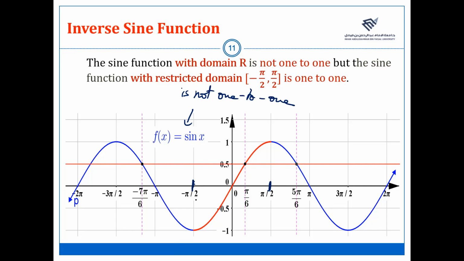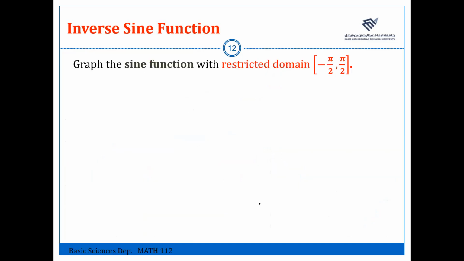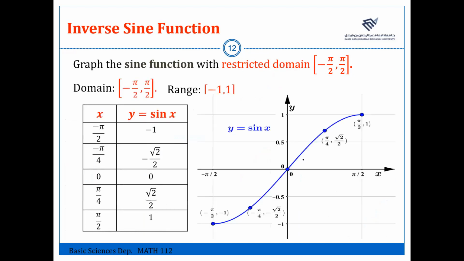For inverse sine, we take a piece from minus pi over 2 to pi over 2. With this restriction, which is 1-to-1, we'll be able to define sine inverse.